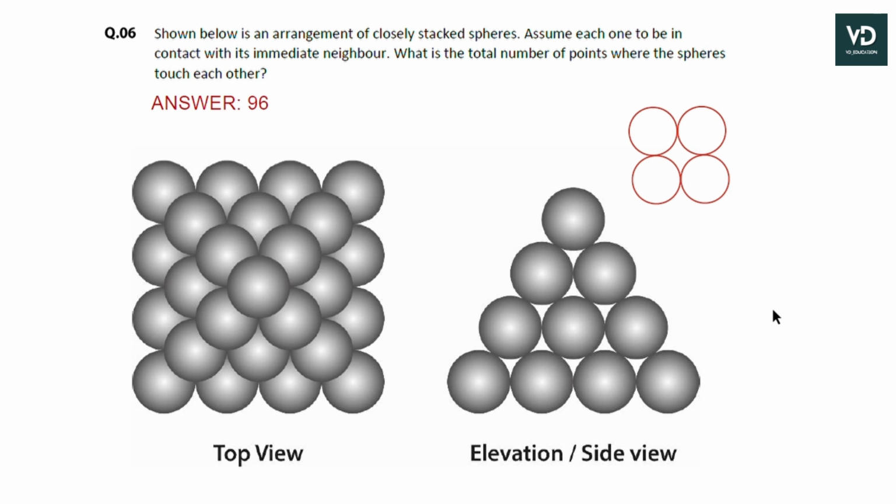So here we can see they have provided spheres in 4 levels. Okay, फर्स्ट लेयर जो कि बॉटम लेवल है उसमें इन्होंने 16 स्फीयर प्रोवाइड किया है, देन नेक्स्ट में 9 स्फीयर, देन सेकेंड लेवल में 4 स्फीयर, देन टॉप में 1 स्फीयर.